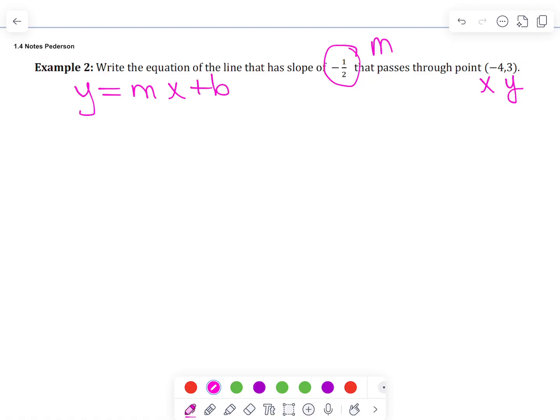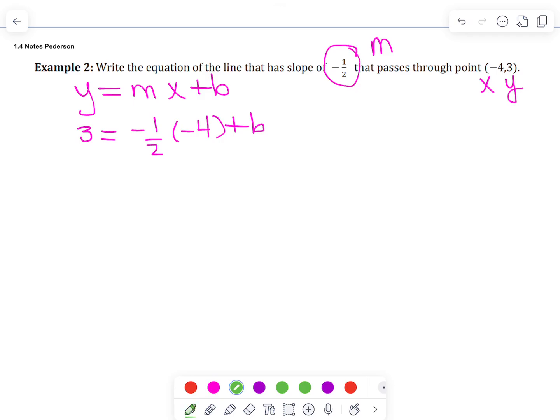So our goal is to find out what is that y-intercept. So we're going to substitute the point and the slope into the equation. So the y is 3, the slope is -1/2, the x is -4, and we're going to find out what is that y-intercept.